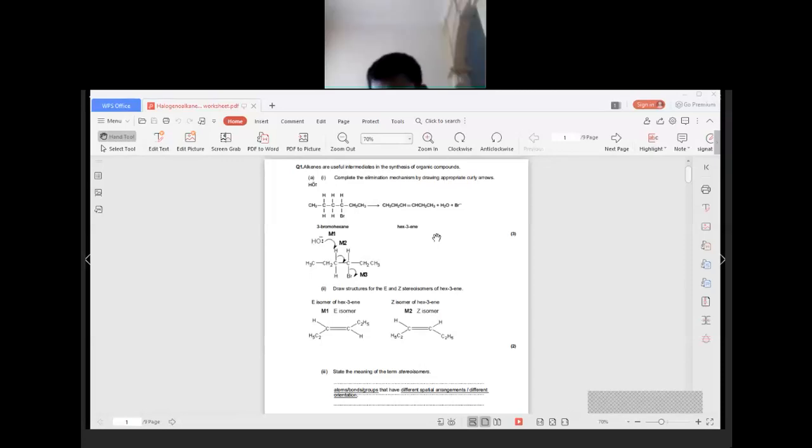How do we know if it is permanent dipole? Because of the electronegativity difference between the halogen and the carbon. Yes, correct.